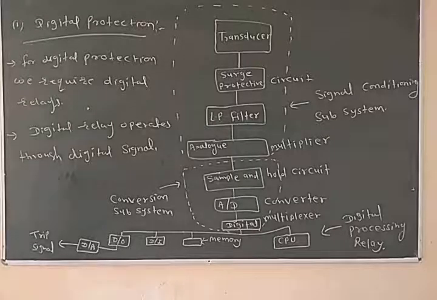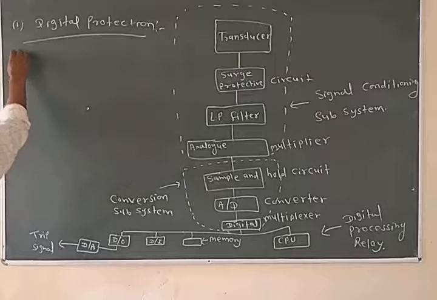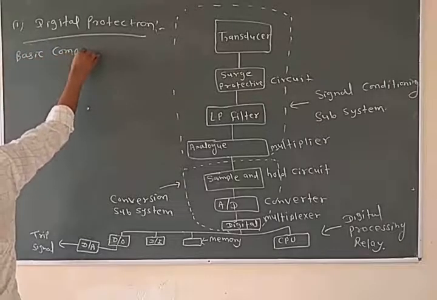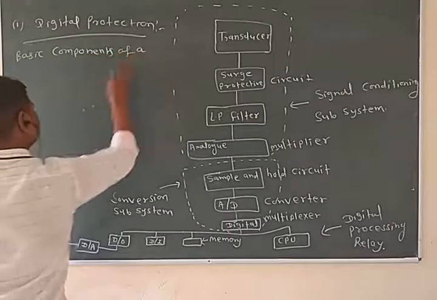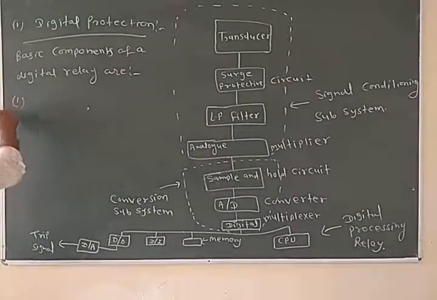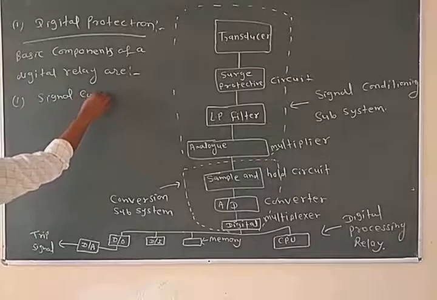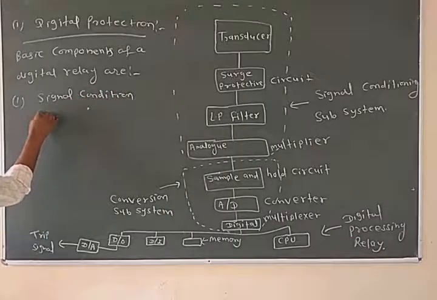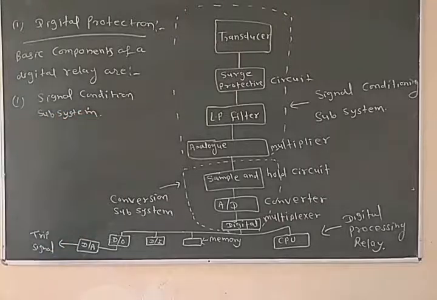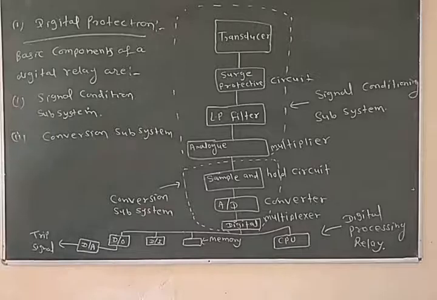Some basic components of a digital relay are: the signal conditioning subsystem, second, the conversion subsystem, and third, the digital processing relay.